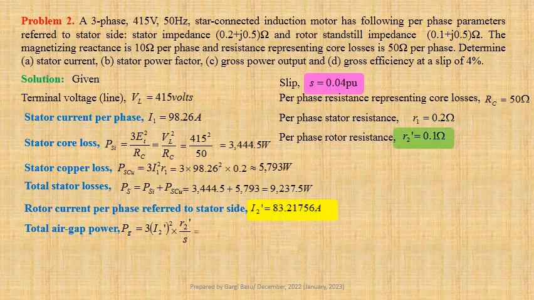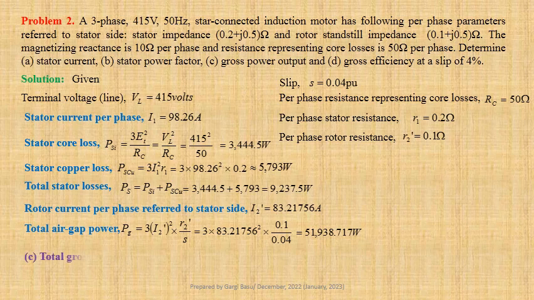Therefore, Pg equals 3 into 83.21756 squared into 0.1 by 0.04. That gives us 51,938.717 watt.